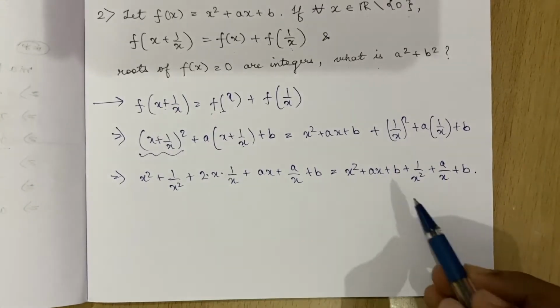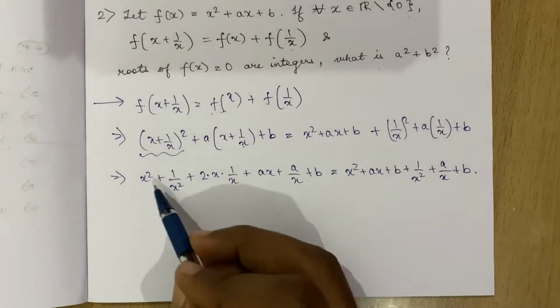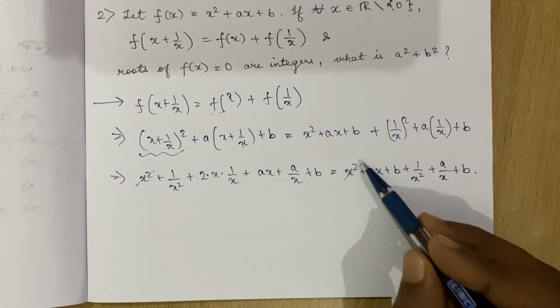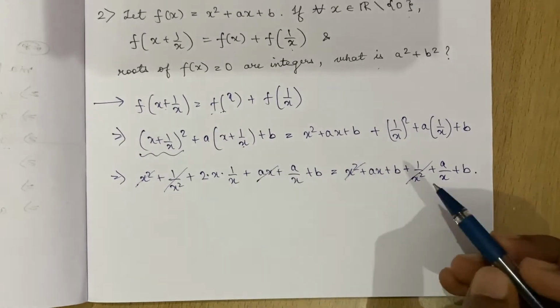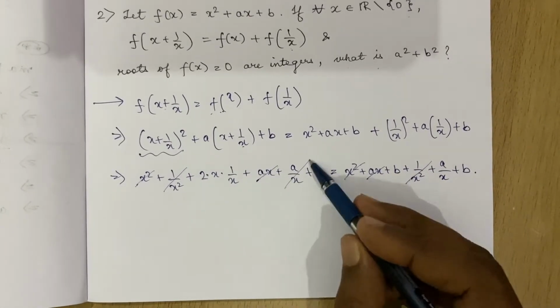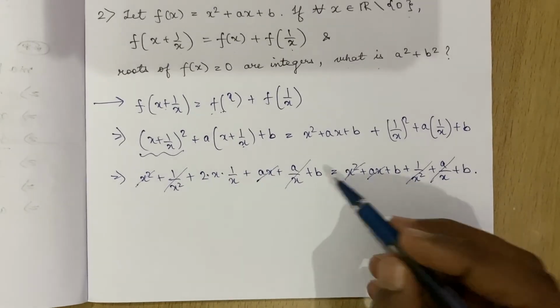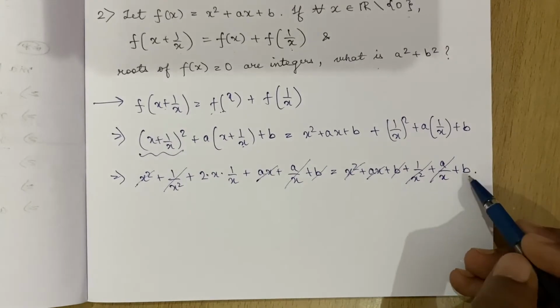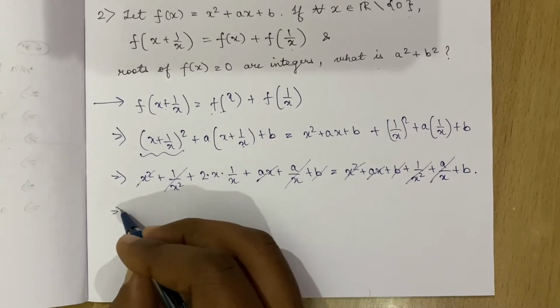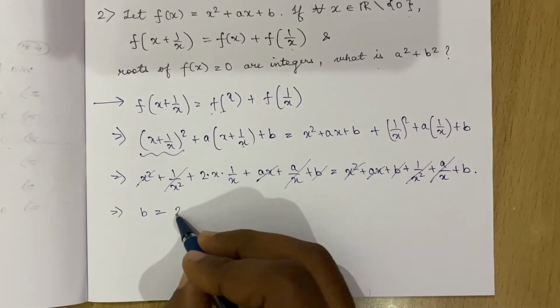Now a few terms will cancel out from the left hand side and right hand side. x² gets cancelled out, 1/x² gets cancelled out, ax gets cancelled out, a/x gets cancelled out, one of the b's is cancelled out, and the other b is equal to 2.